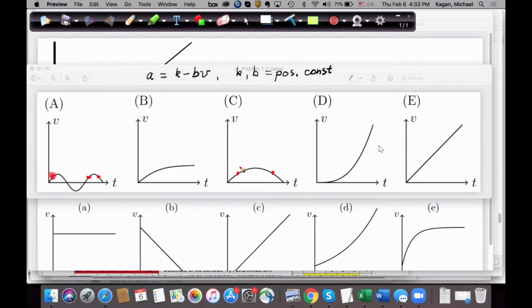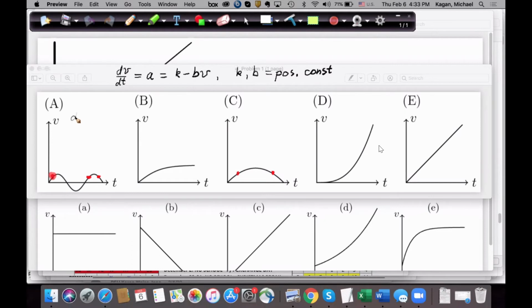So I heard some suggestions to actually use calculus. Well, okay, so let me write it, and something that you can do at home as homework. Yes, you can totally say that this is equal to dv/dt, and then solve this equation. So the way you would solve it would be this.